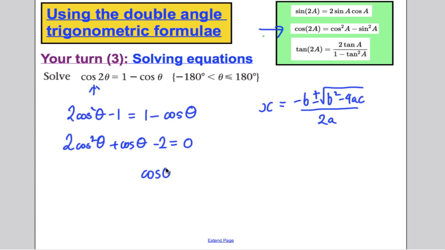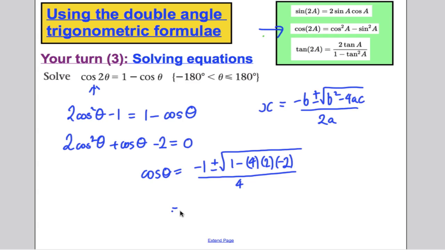So cos theta, with a is 2, b is 1, and c is negative 2, would be negative b, which would be negative 1, plus or minus the square root. B squared would be 1, subtract 4 times 2 times negative 2, and all of that divided by 4.